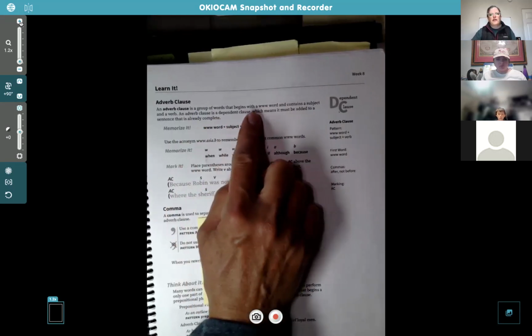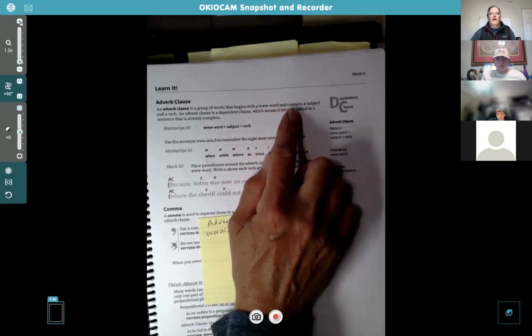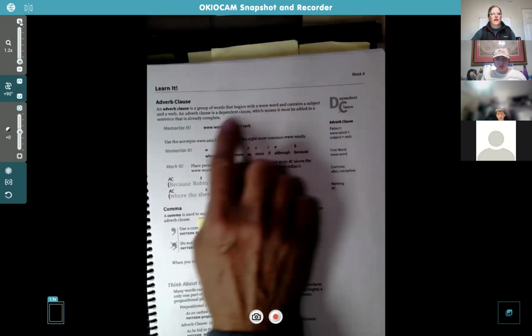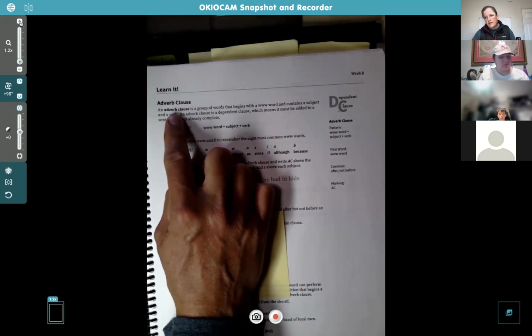There's a group of words that begins with a www word and contains a subject and a verb. Just a quick reminder, phrases like prepositional phrases, they don't have verbs, but the clauses do. So all of them do. The who, which clause, that clause, because clause, adverb clause, main clause.